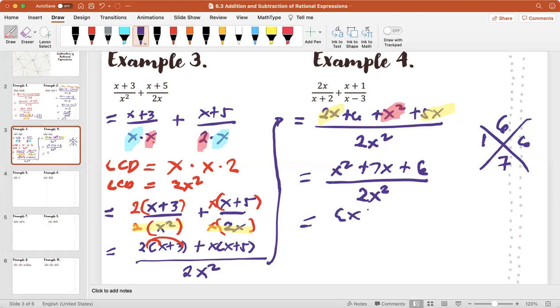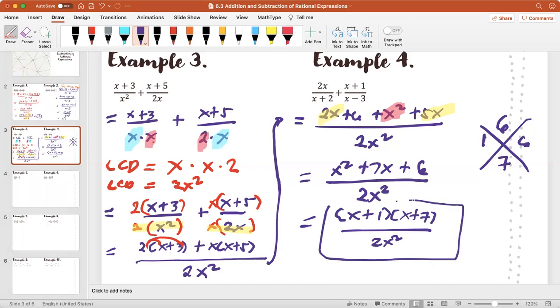So we have x plus 1, x plus 6 all over 2x squared. I prefer that your answer will be in factored form. Is there anything to cancel after factoring? No, there's nothing to cancel.